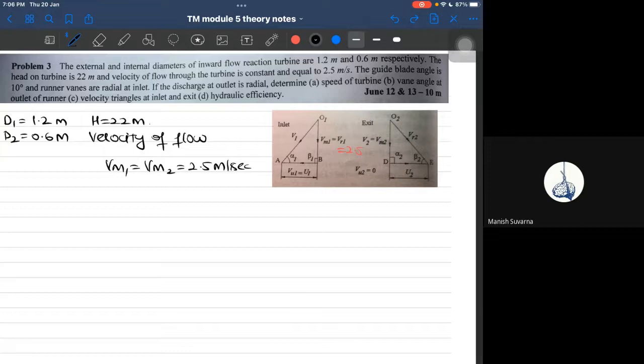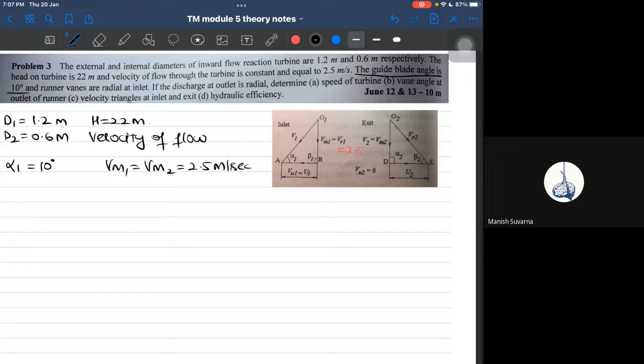So what is this 10 degrees I am asking you? Anyone? Here he says the guide blade angle is 10 degrees. Alpha 1, exactly. So it is alpha 1, which is equal to 10 degrees.